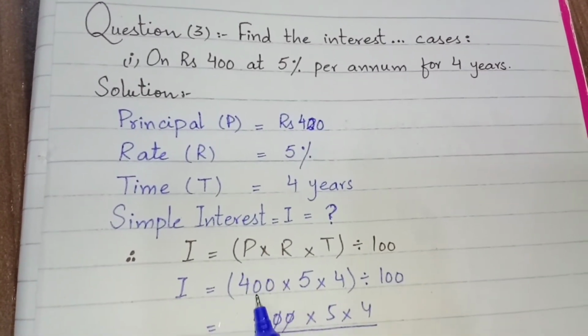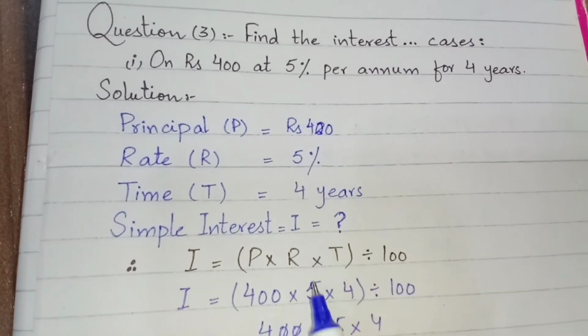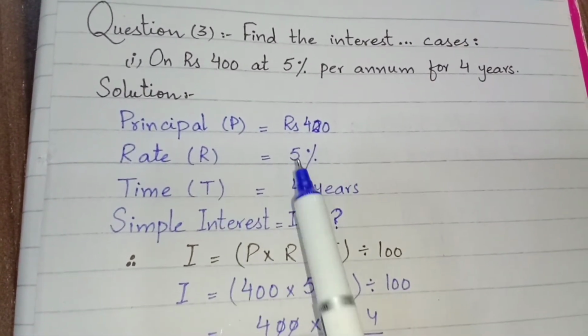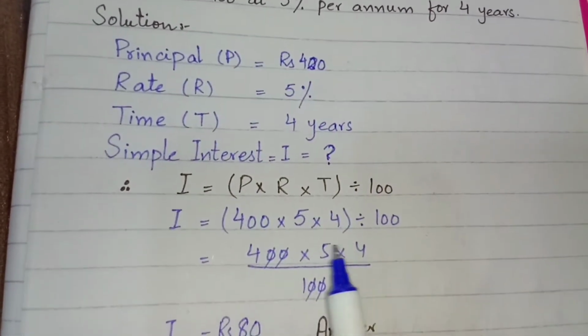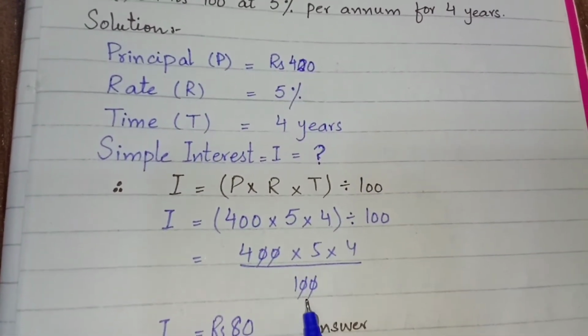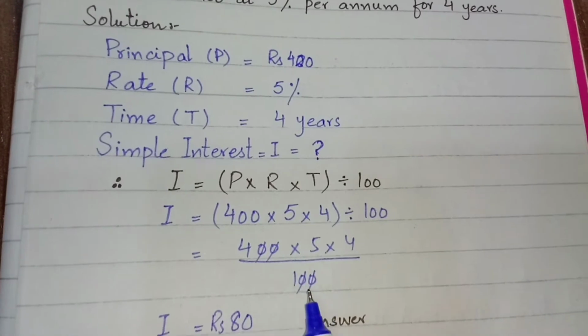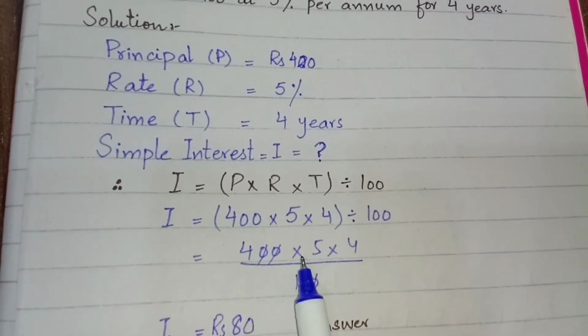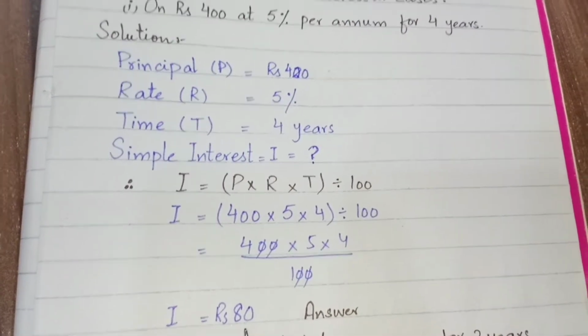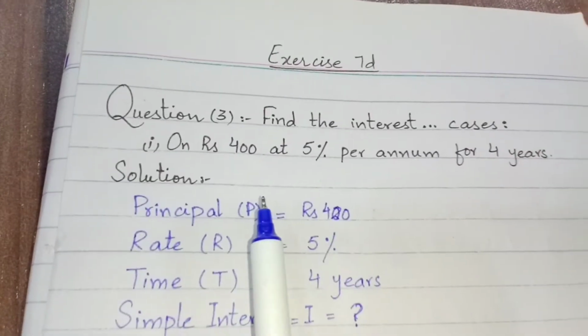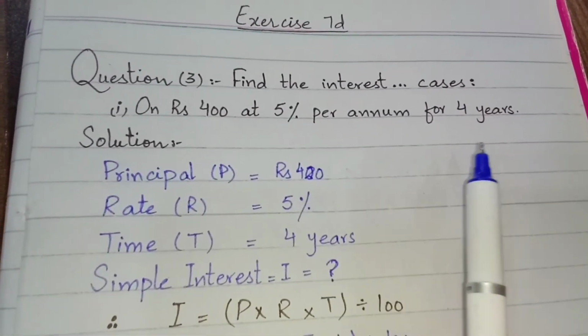So P is 400, R is 5, and T is equal to 4, divided by 100. These two 0s will be cancelled out with these two 0s, and 4 fives are 20, 20 fours are 80. So interest is equal to rupees 80 on rupees 400 at 5% per annum for 4 years.